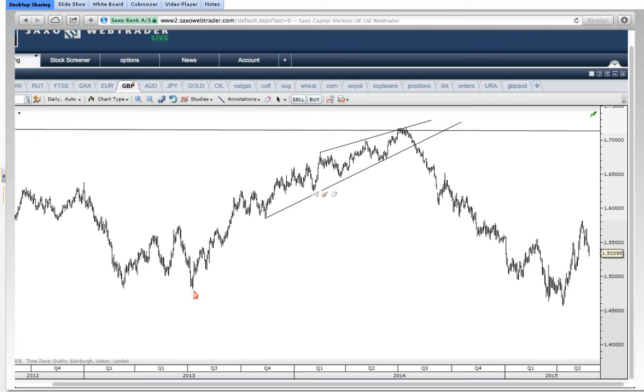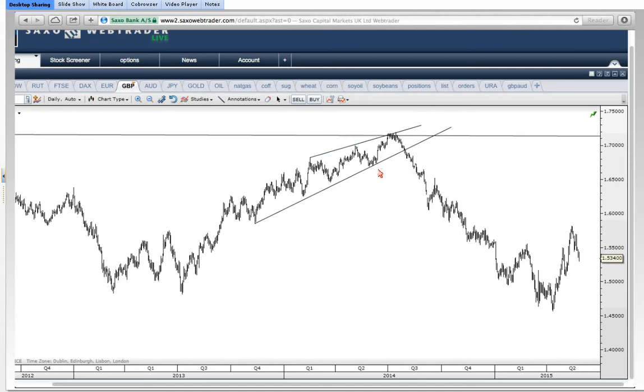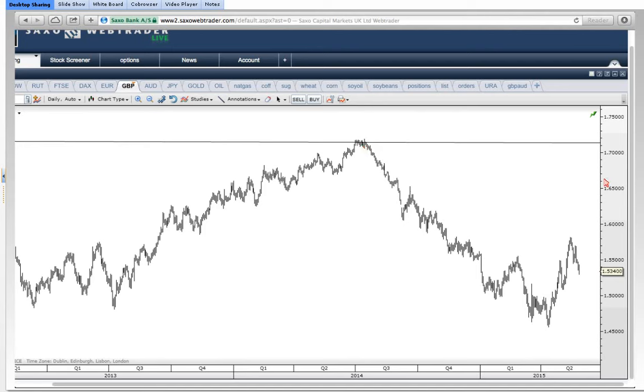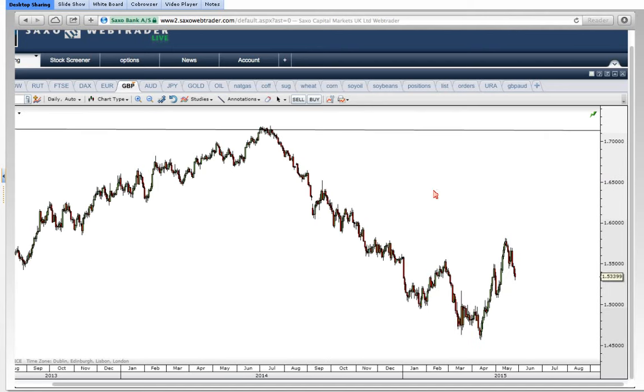What happened after that was, it slowly gave in. I mean, US dollar gave in, and obviously the euro was already coming down, and I was seeing that US dollar was getting stronger, and GBP was topping.